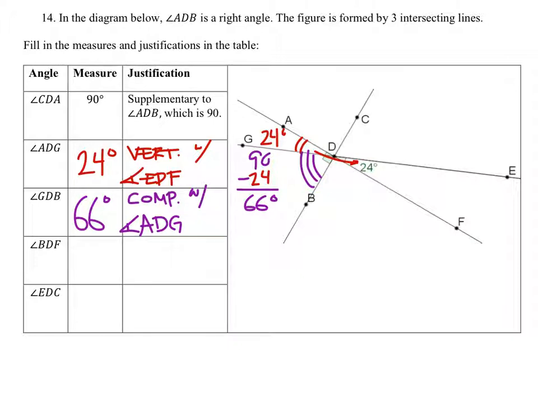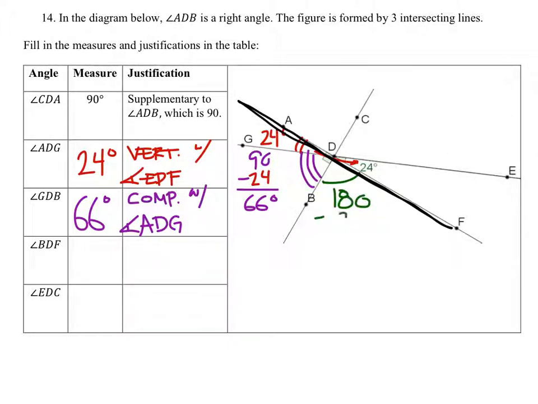All right, what about angle BDF? Let's identify that one. BDF would be this angle, which is supplementary because it's a straight line with angle ADB. Angle ADB is 90 degrees, so if I want to solve with these, I take 180.